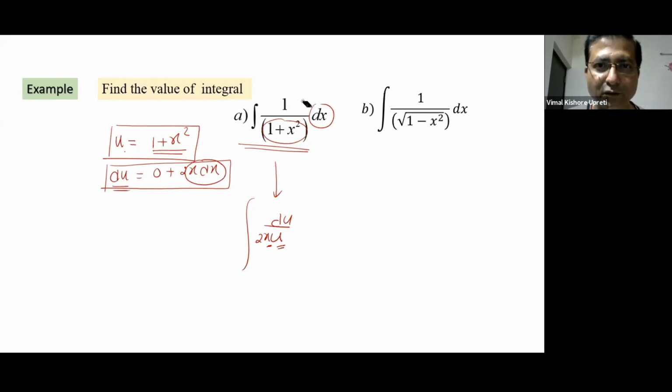But now we don't have any x in the numerator. So with the help of this substitution, I am unable to integrate. I hope everyone understood the difficulty I am facing to integrate if I assume 1 plus x square as u.